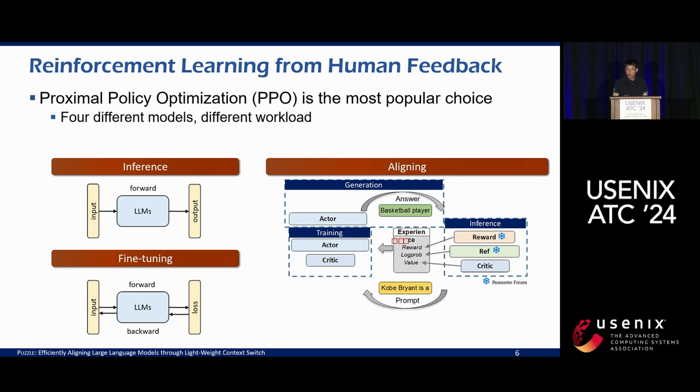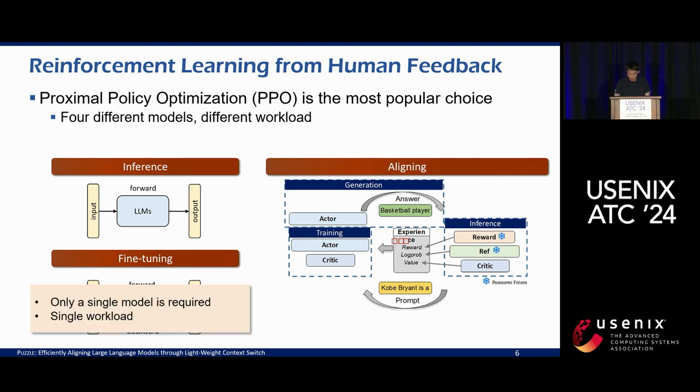However, while PPO is an efficient and important method, it imposes unique challenges on systems. Let's compare the workload of classic tasks with that of aligning. In existing systems for inference and fine-tuning, a single model handles a consistent workload throughout the entire process.